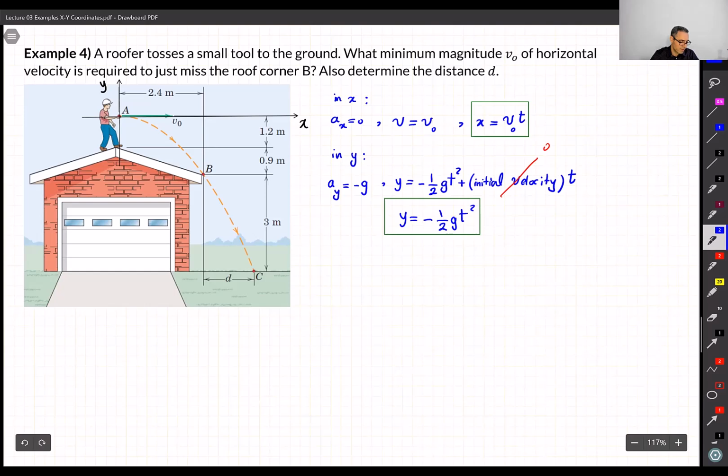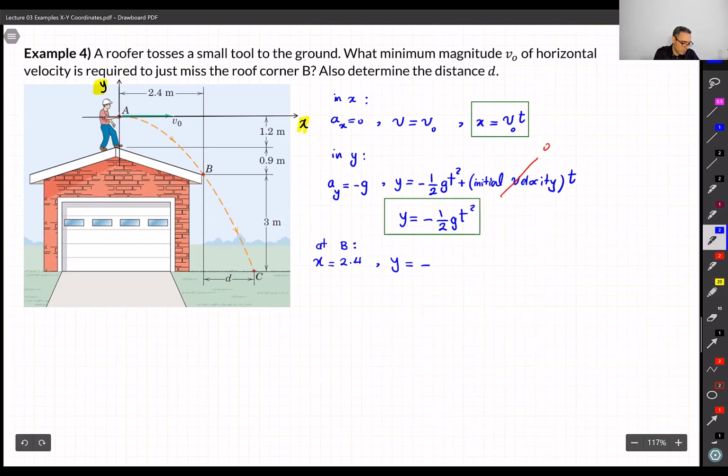Let's see what information we have. We know x is equal to 2.4. So at point B, x is 2.4. And y is minus, remember where we put our x and y? This is x and this is y, right?